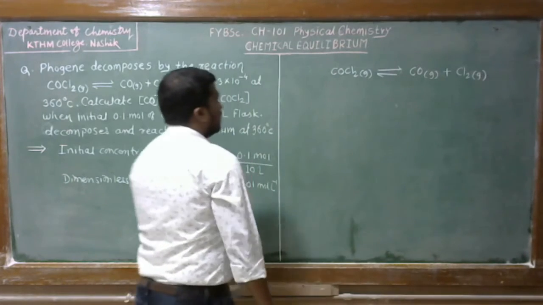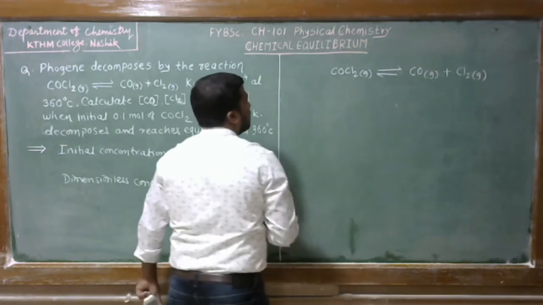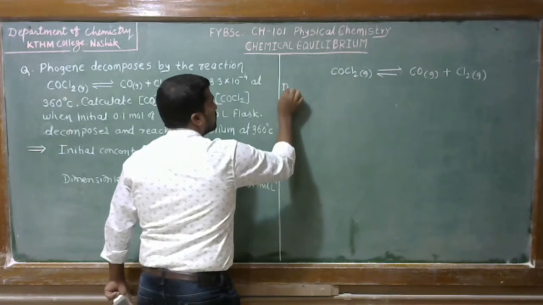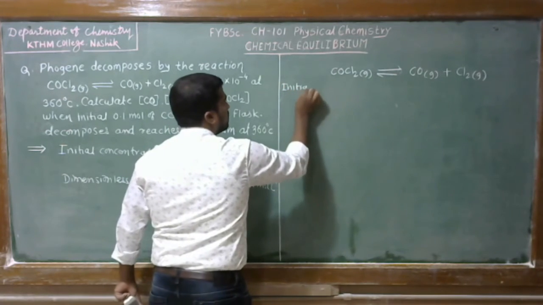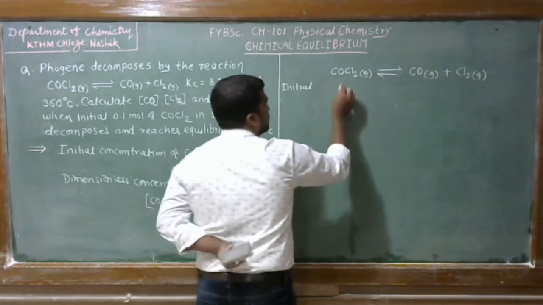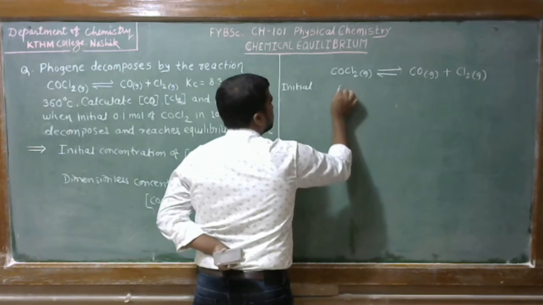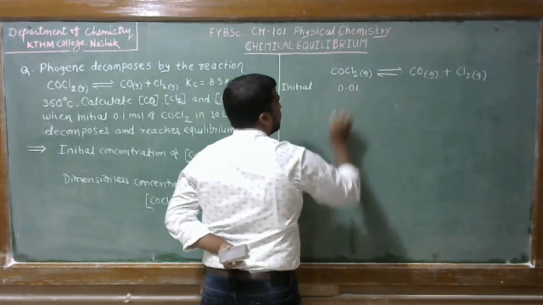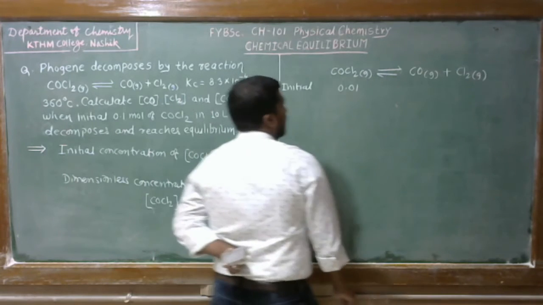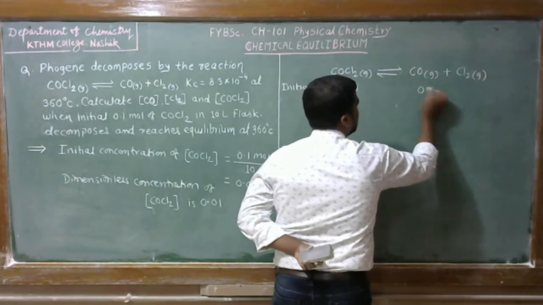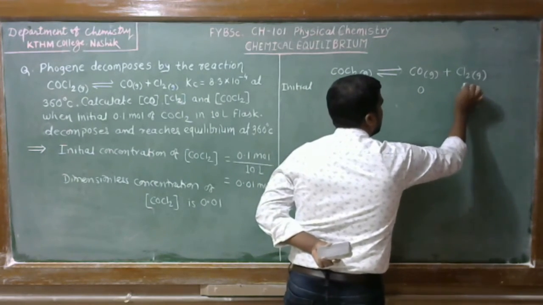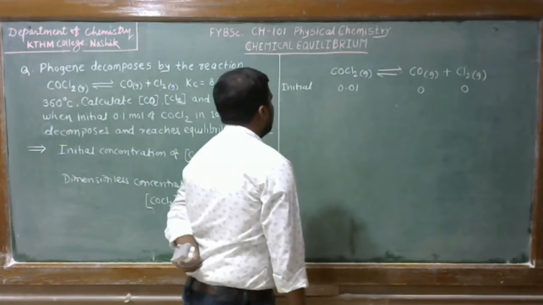Now the initial concentration of COCl2 is 0.1, and the initial concentration of CO is 0. Similarly for Cl2 also 0.